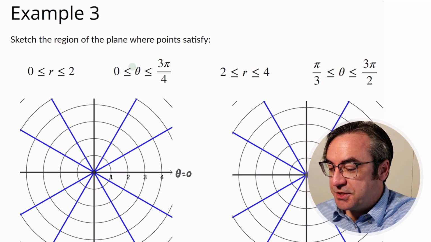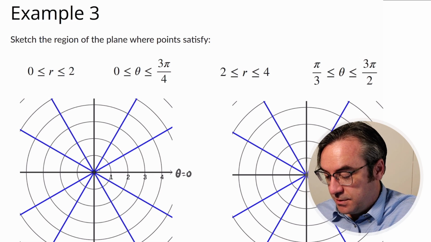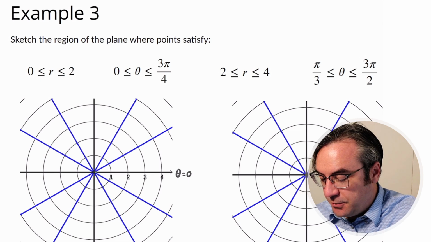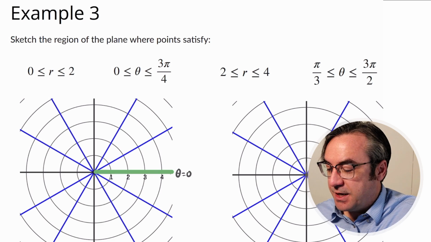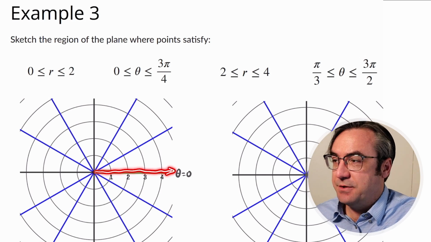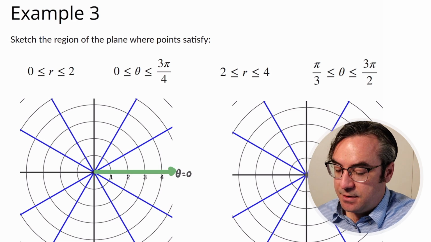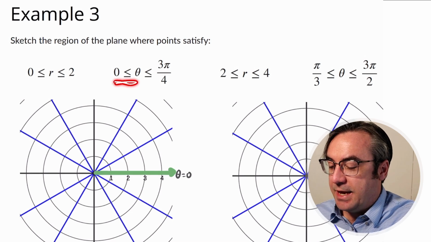Let's draw theta equals 0, and because the r values are positive, let's just draw the positive section of that ray. So there is theta equals 0. That's the one edge.